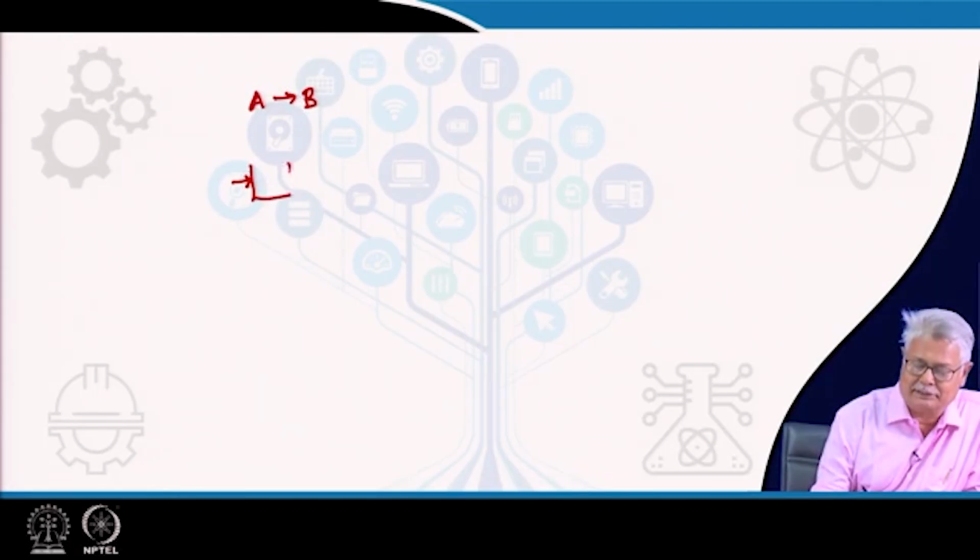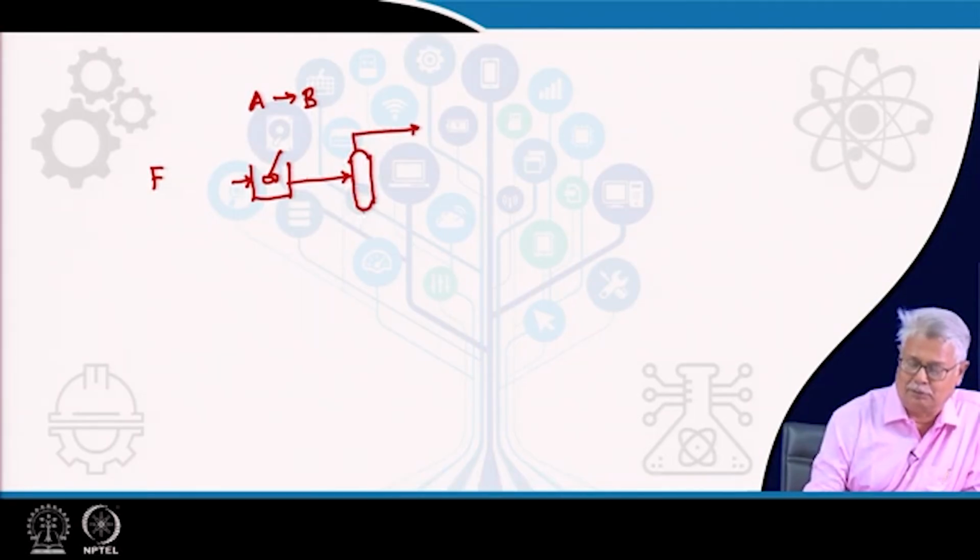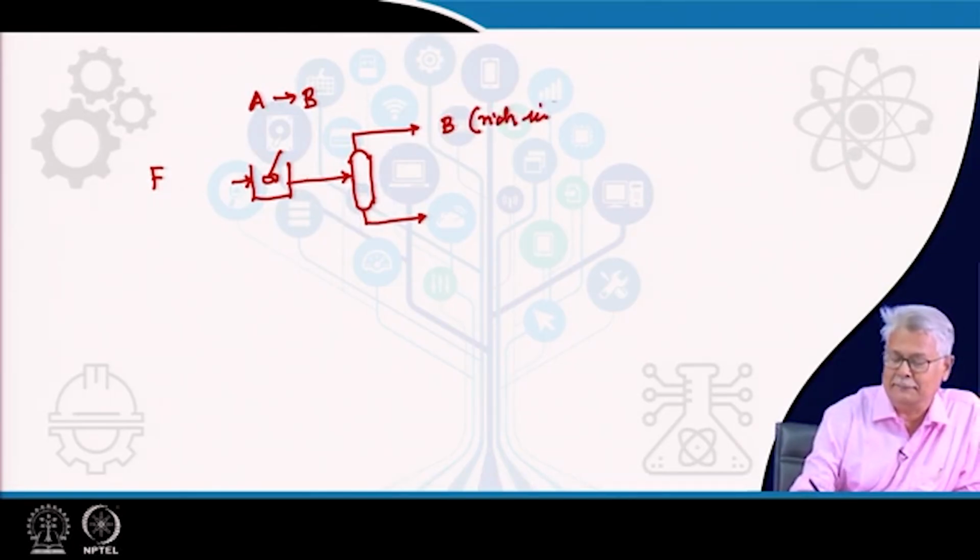And I have a CSTR here, I have a feed rate of F, I have the CSTR starting here, and it goes to a column, possibly a distillation column, it could be other type of separation arrangement also, and it produces a product of B. Basically, it is rich in B, which is the desired product, and a waste stream.